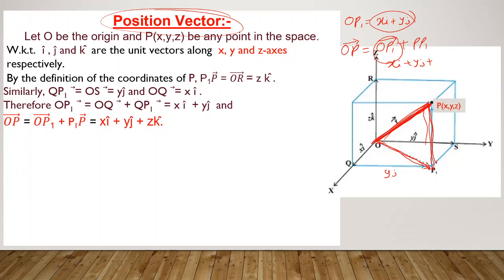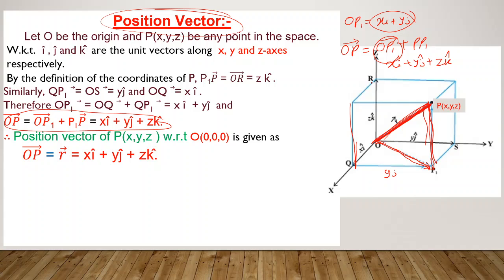This is P1P, which is equal to QR, or you can take OR. So OR is nothing but zk. And finally I got vector OP is equal to OP1 plus P1P is equal to xi plus yj plus zk. So finally, dear students, please keep in your notes the position vector of OP.